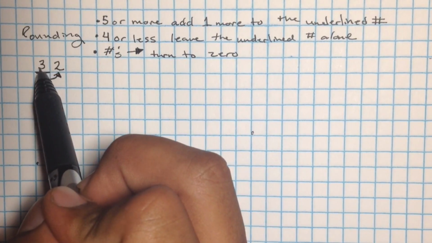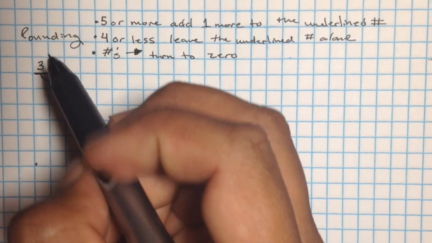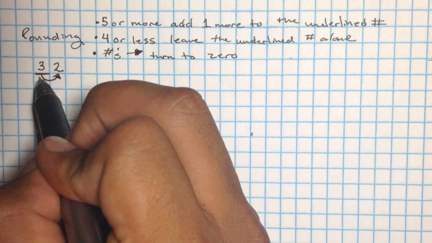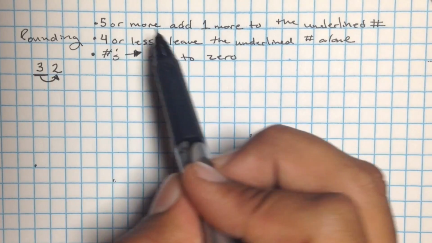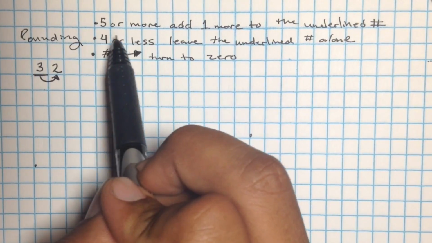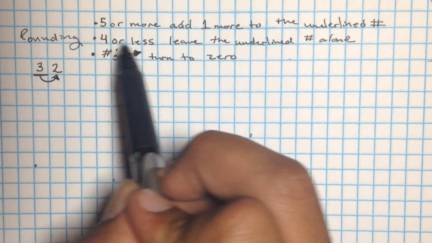So I'm looking to round to the nearest 10. I've underlined this number. It's going to be 3. Because 3 is in my tens value. I look over to the right, and I check to see. There's a 2. Is that 5 or more, or 4 or less? Well, 2 is less than 5, so it falls in this 4 or less area.